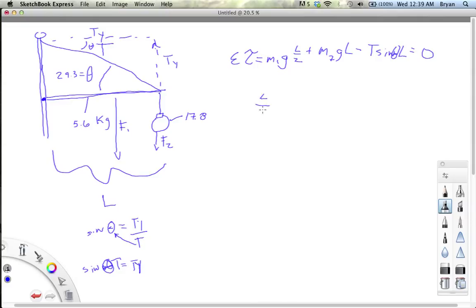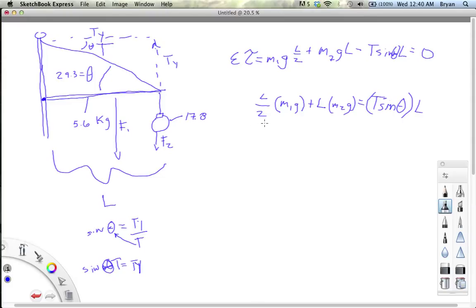So we got L2 M1G plus L M2G, and then I'm going to bring this to the other side, kind of skip a step. We got T sine theta, I'm going to put this L on this other side.